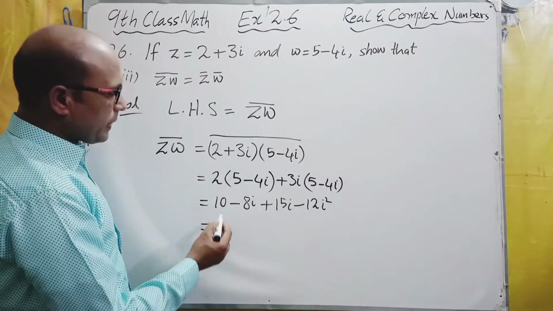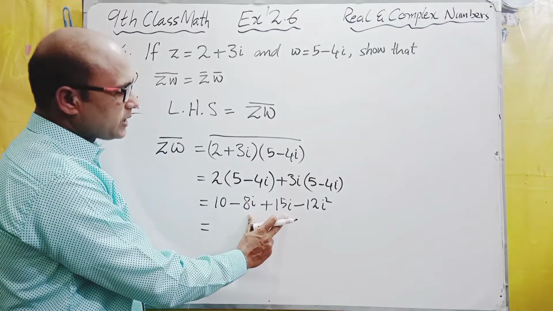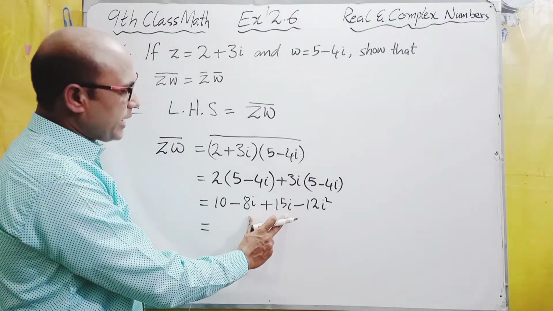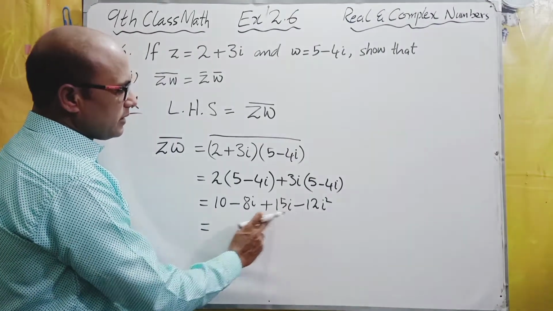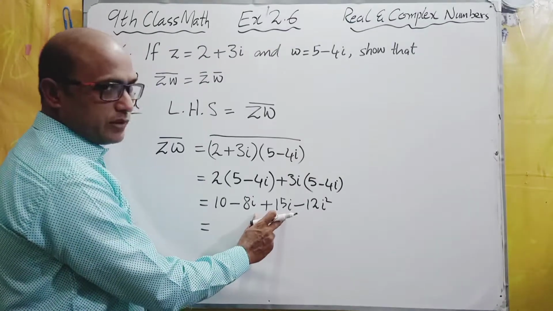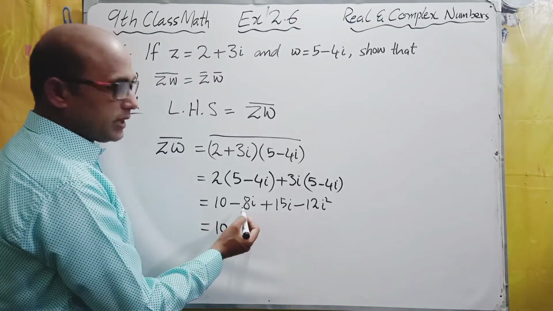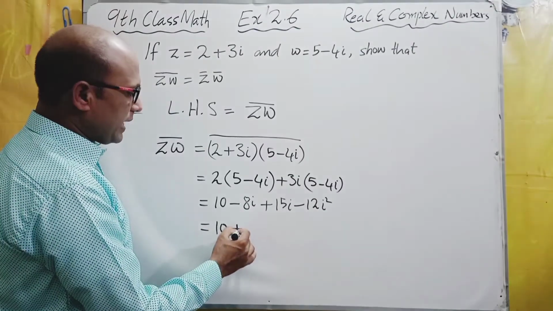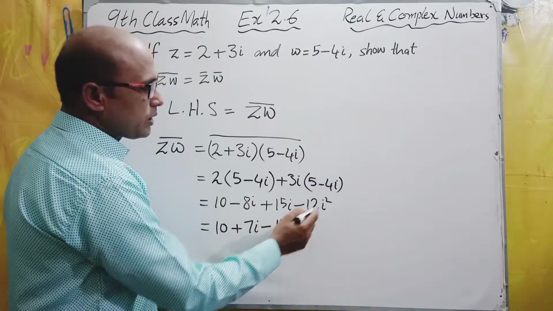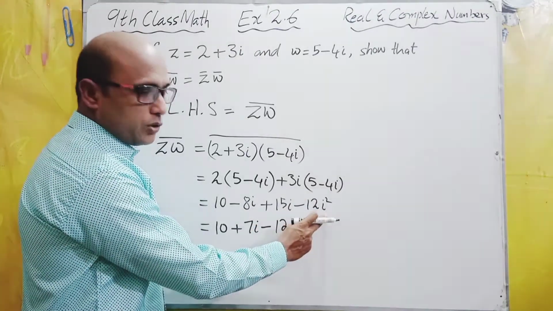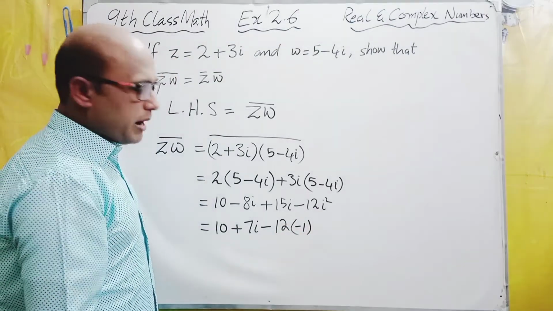So now let's find which numbers can be added or subtracted. Look at these, the numbers with iota, they have different signs, that's why they will be subtracted. From 15 we'll subtract 8 and we'll get plus 7 iota, minus 12 iota square. In place of iota square, students, we'll put its value, which is minus 1.